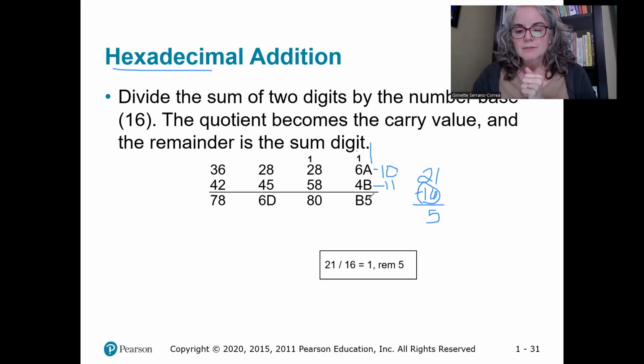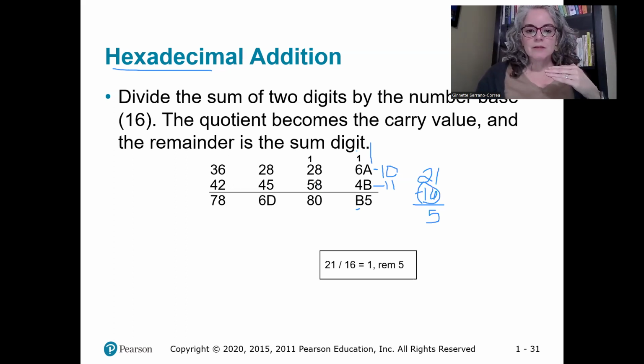So that goes here. Then I'm going to add 6 plus 1 is 7. And then 7 plus 4 is 11. I don't write 11, I write the letter B. 8 plus 8 is 16. So since it's 16, I carry 1 and my remainder is 0, right? Because 16 minus 16 is 0.